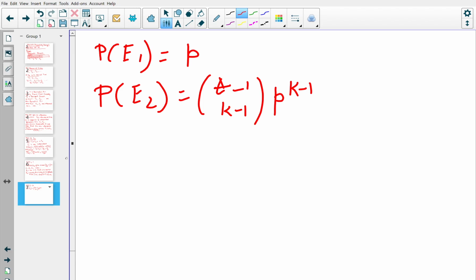and the rest are failures. So what are the rest? The rest are 1 minus p, and the count is t minus 1 minus (k minus 1), which will be t minus k.